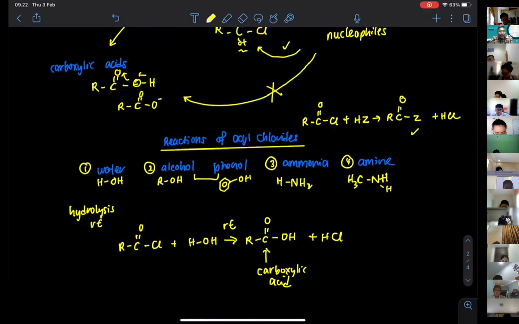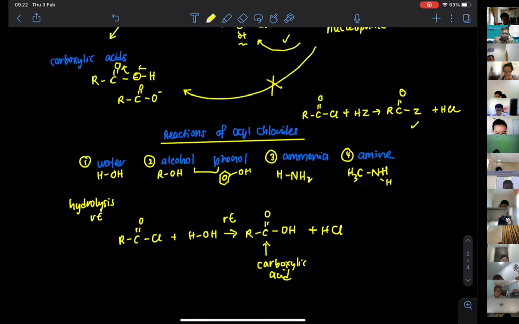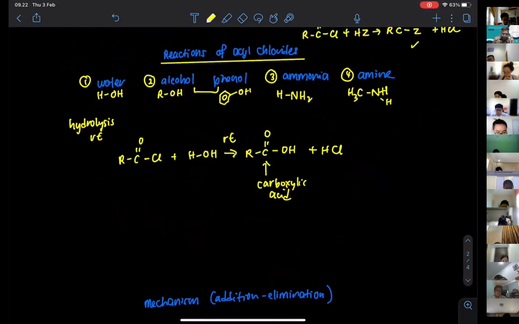Now, if you have the reaction with alcohol, C double bond O Cl R, when you react, let's say for example ROH, the H is going to go out.